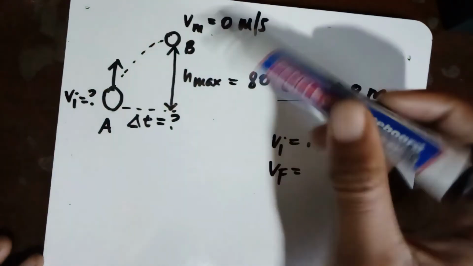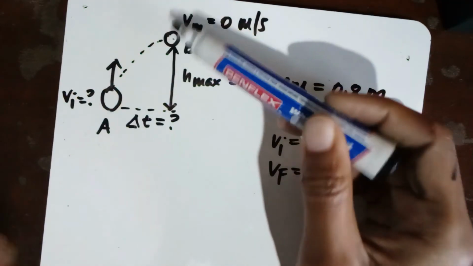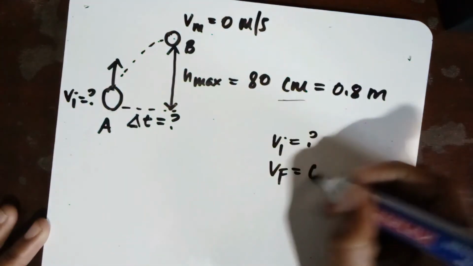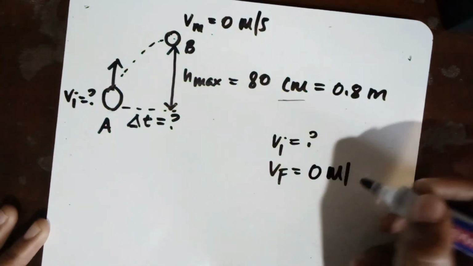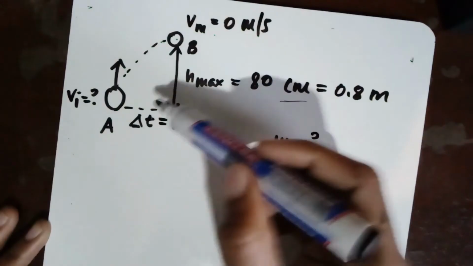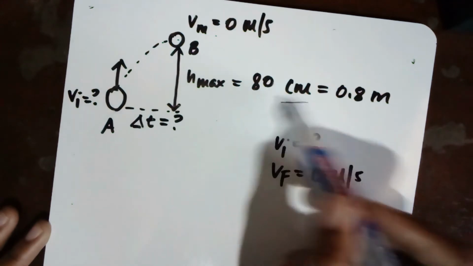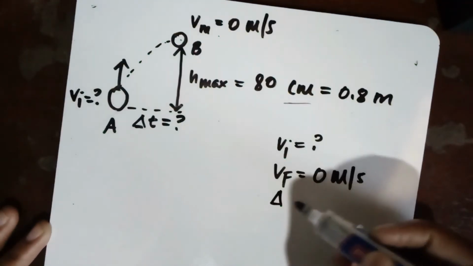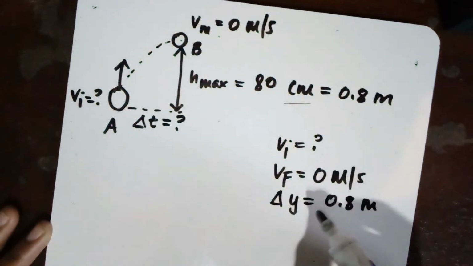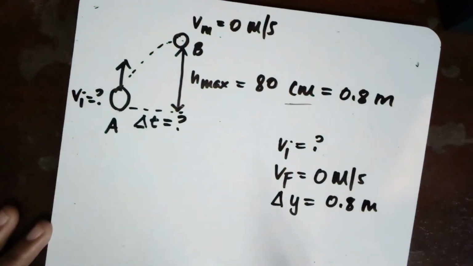Yes, because from here to here, this 0 meters per second is actually the final velocity. And then what else do we know? We know the change in y because we have this height. So the change in y is 0.8 meters, and it's positive because it's moving upward.